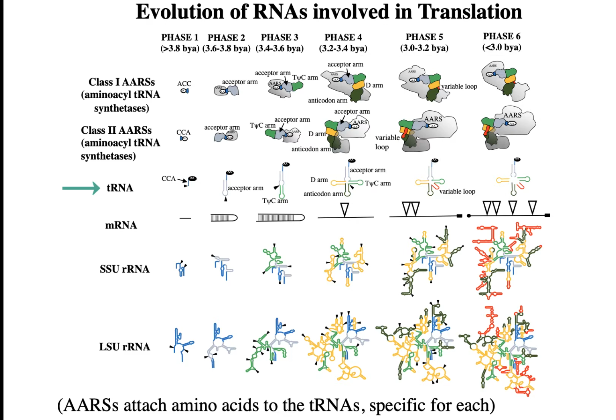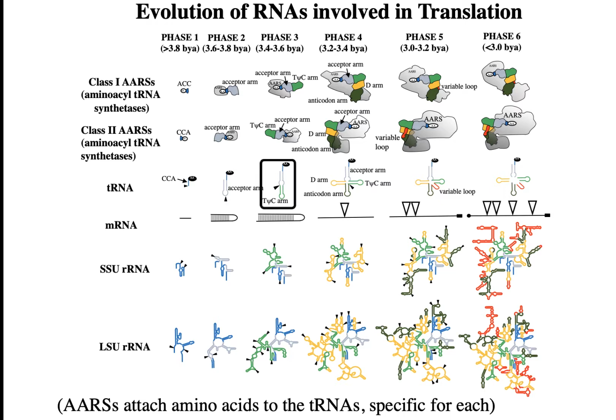So if we just start with tRNAs, the CCA, which is the attachment site for the amino acid, appears to be one of the first portions of the tRNA during evolution. And then the acceptor arm, which consisted of a longer piece of RNA, was added. This consisted of approximately 10 or 20 nucleotides.